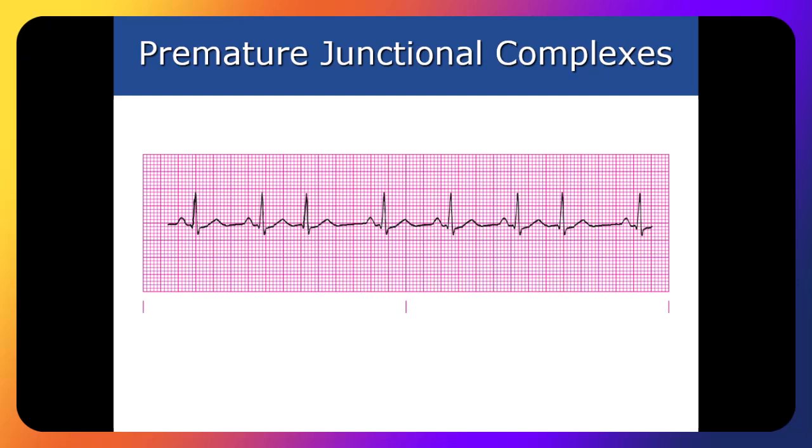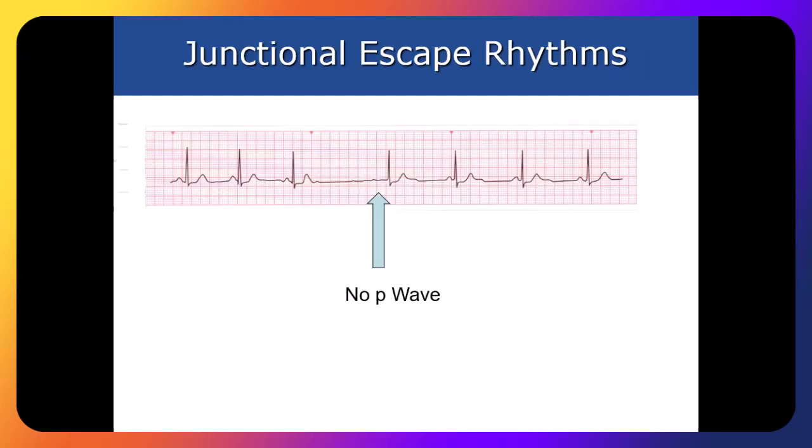Let's go to the opposite end of the extreme now. We've talked about a premature junctional contraction. Let's talk about a junctional escape rhythm. Now, let's think about this for a second. Why would it be named an escape rhythm of any type?